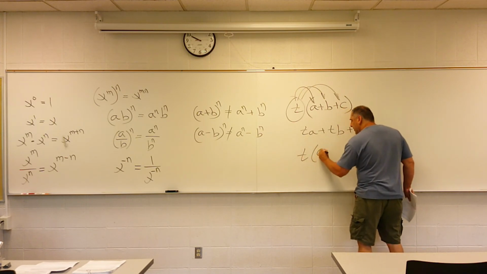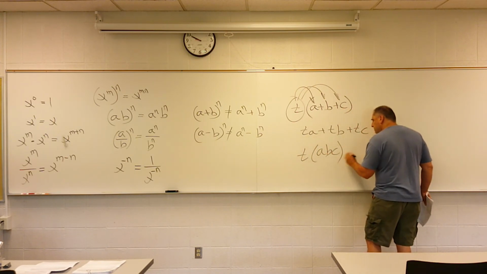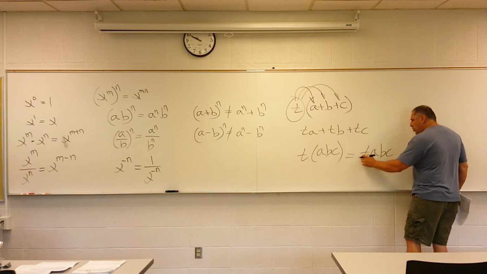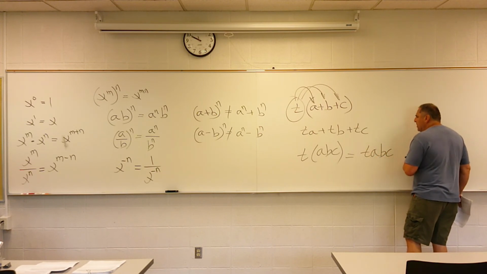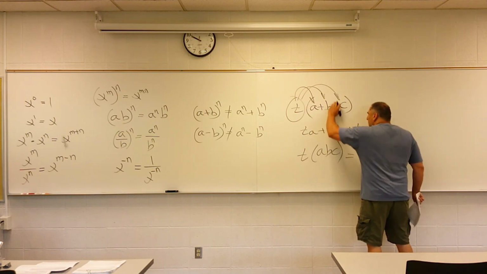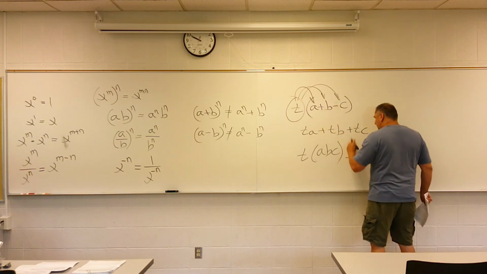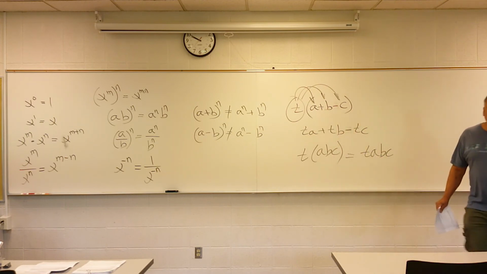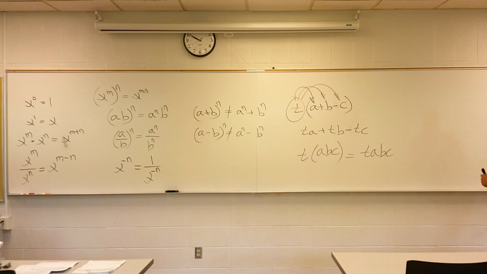If you had this, the t just hits one of them. The other two are left alone. Do you want to put the t next to the b or t next to the c? That's fine, but you won't distribute and hit everybody. Here you will distribute and hit everybody. If this is a minus over a plus and a minus, the distribution takes place like that.